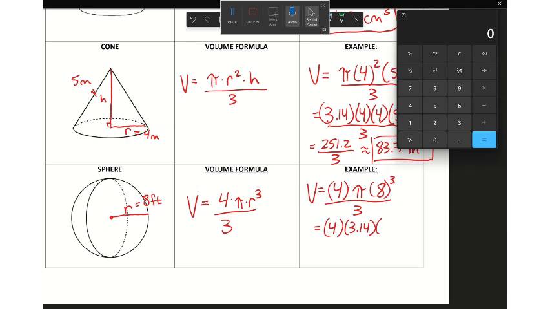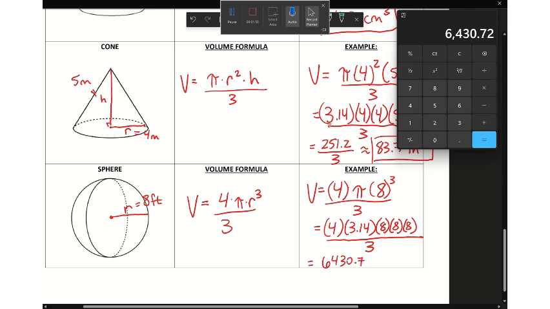Now don't forget, when we cube a number, we're multiplying it by itself 3 times. So that's 8 times 8 times 8. And again, don't forget that it's still all over 3. Now I'm just going to multiply the top part. 4 times 3.14 times 8 times 8 times 8 gives me a grand total of 6,430.72.